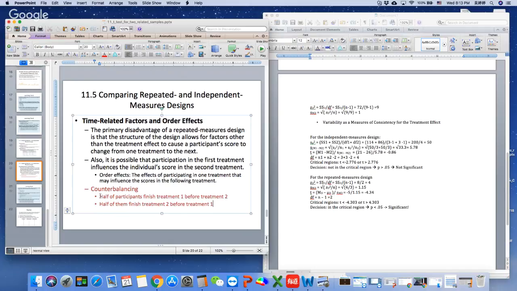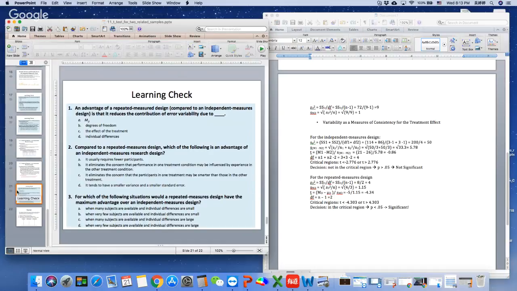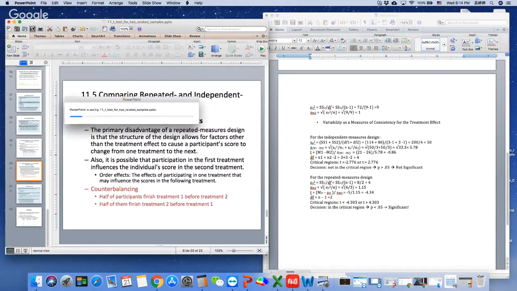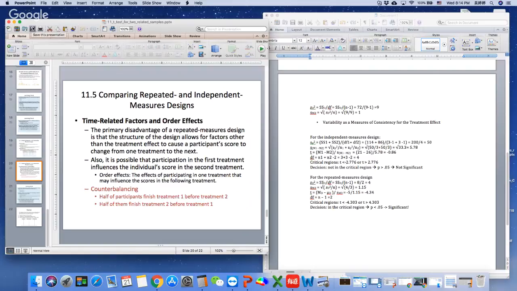So this is the definition of counterbalancing. The counterbalance is very important for experimental psychology.